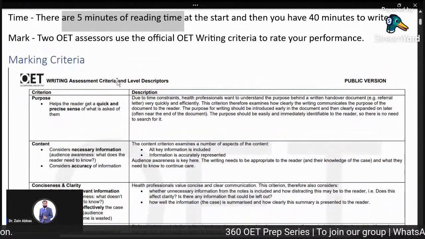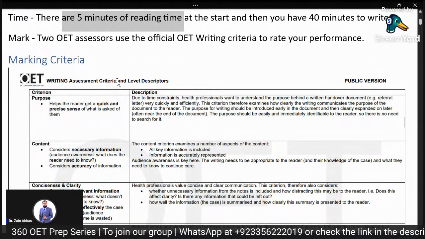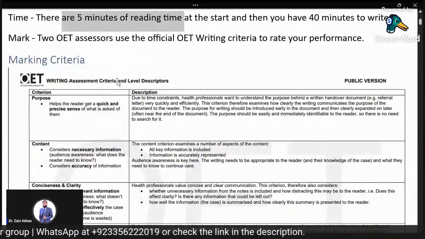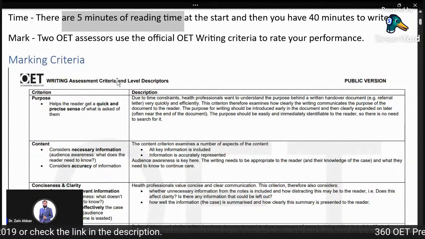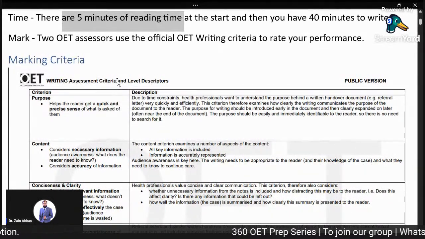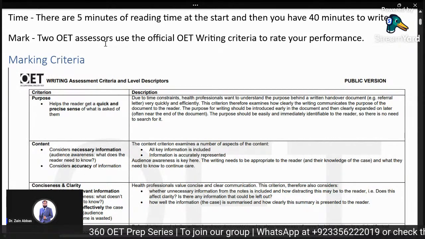The other important point to be clarified here is that this part is wholly a subjective area. It's not an objective area. It's not a computerized format test. It will be evaluated by OET assessors, who can be two or three.